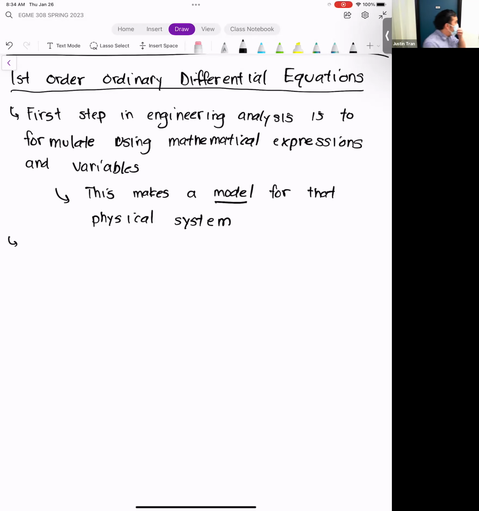The interesting thing about how our world is constructed is that a lot of times when you look at the physical quantities that describe a system, a lot of them are derivatives of each other.